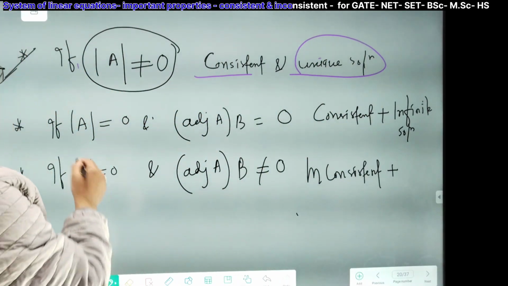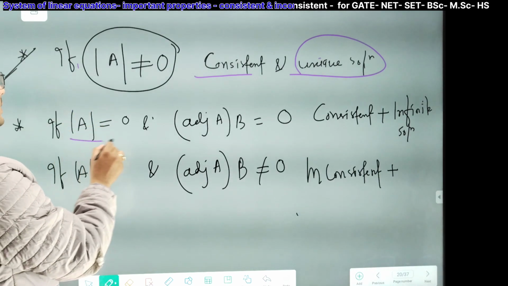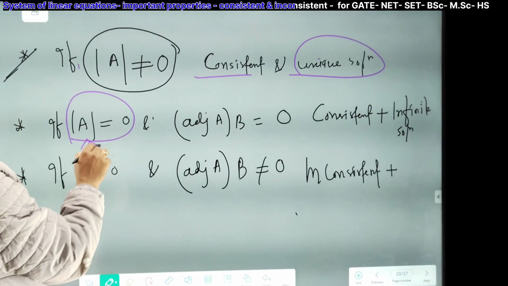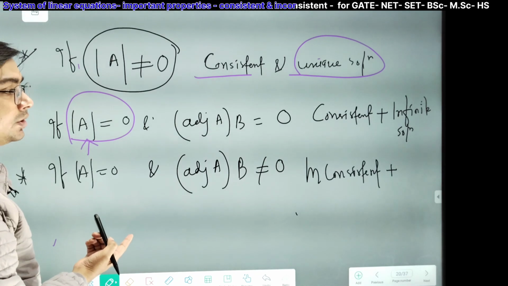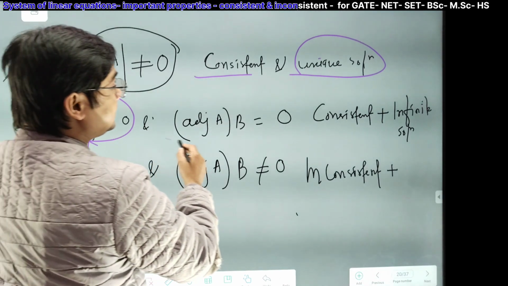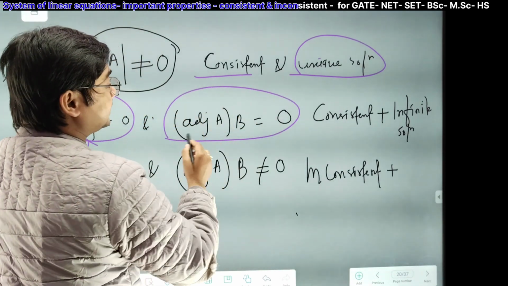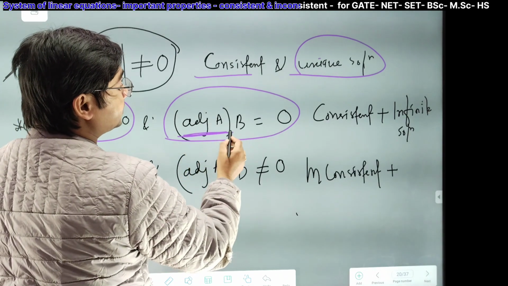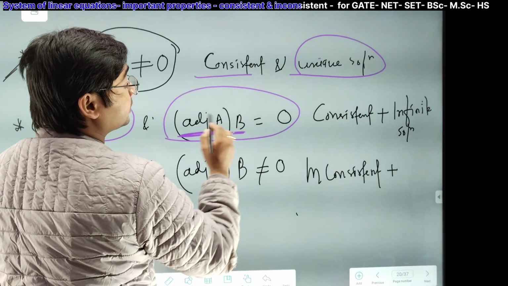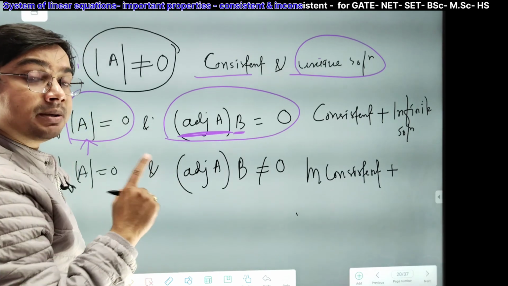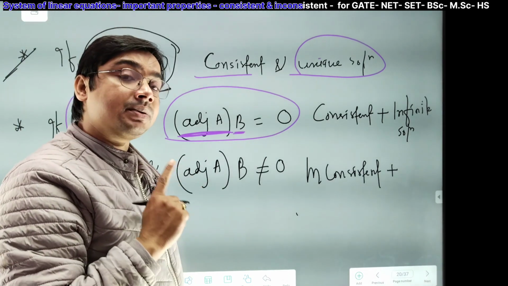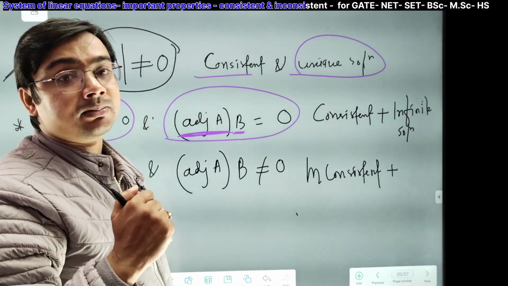Or another condition, you see here: if the determinant of A equals 0, and this adj(A) B is a zero matrix, that means the product of the adjoint matrix with the B matrix. B means the constant matrix.